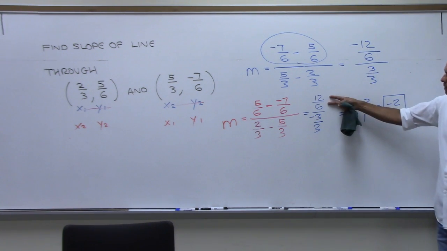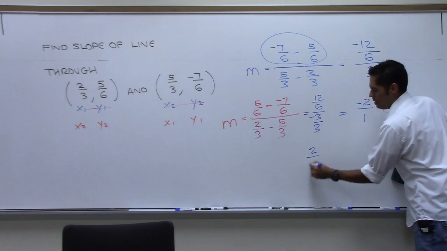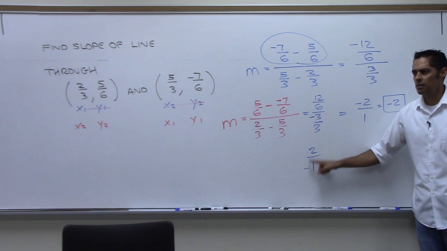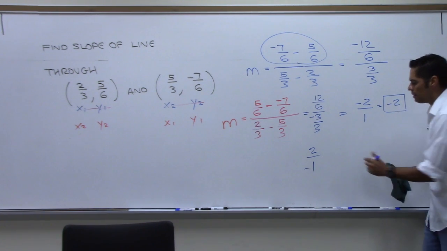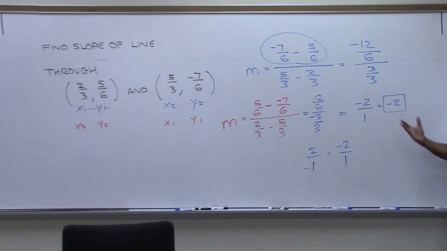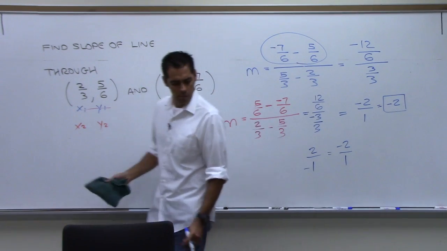The top is a what? 2. The bottom is negative 1. And didn't we talk about this earlier? That the negative doesn't matter if it's on the top or the bottom. So I can move it to the top, negative 2 over 1, and that's exactly this. So we're in good shape, either way. Questions?